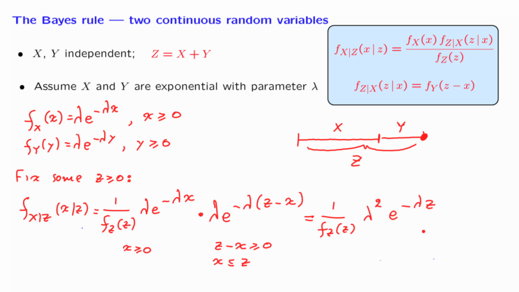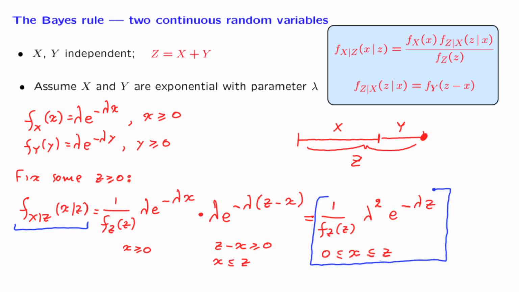And this expression is valid given the constraints that we have imposed so far. z is non-negative, x is non-negative, and x is less than or equal to z. So it is valid when x and z obey this condition. And this is the form for the conditional PDF of x if I tell you the value of z.